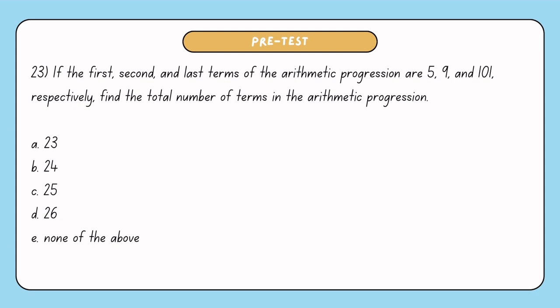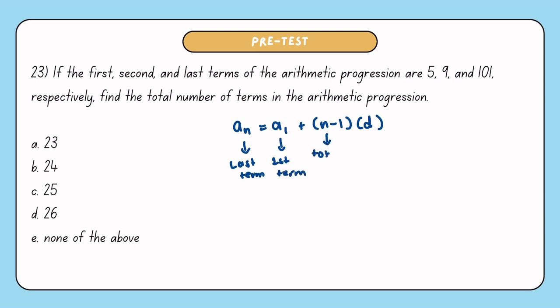So, to solve for the total number of terms, let us recall the formula an equals a1 plus n minus 1 times d, where an is the value of the last term, a1 is the value of the first term, n is the total number of terms, and d is the difference between an minus 1. So, we want to solve for n.